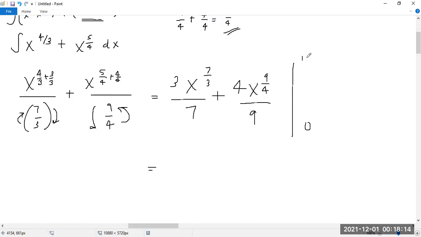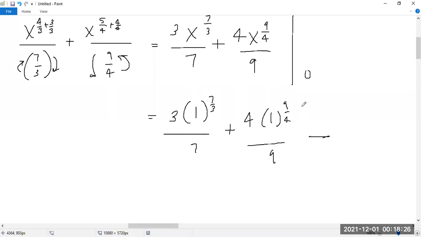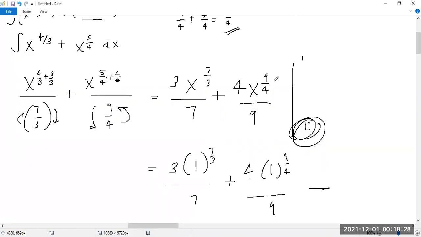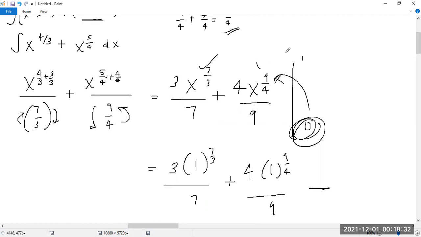So you're plugging in. So let's go ahead and plug in 1. So we'll do 3 times 1 to the 7/3 over 7 plus 4 times 1 to the 9/4 over 9. And then we're going to subtract the lower bound plugged into the same function, which if you plug it in, you'd have 0 and 0.